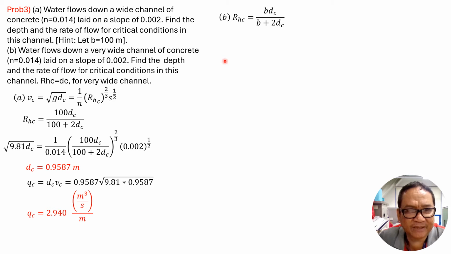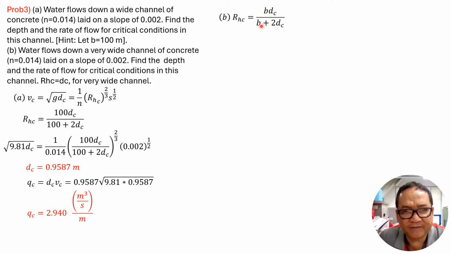Likewise, for part B, when the channel is very wide, so that means you can assume 500 meters or more, or greater than 500 meters because it is very wide. We note that the ratio of B to B plus 2 d sub c, because d sub c is not that high, would be approximately equal to 1.